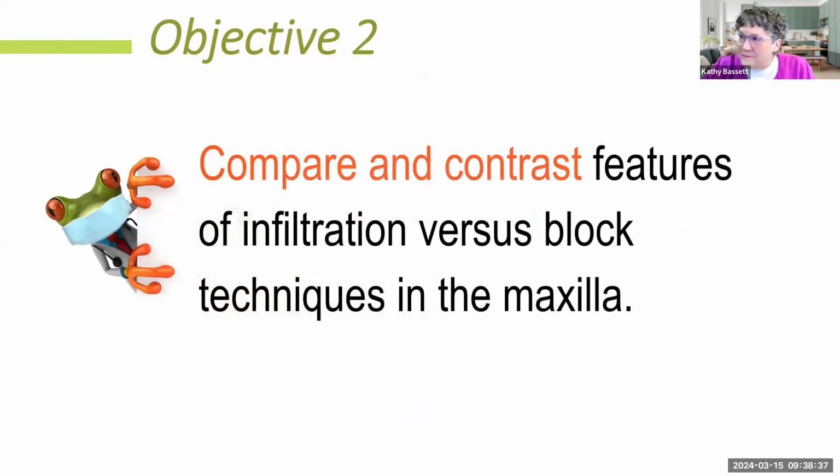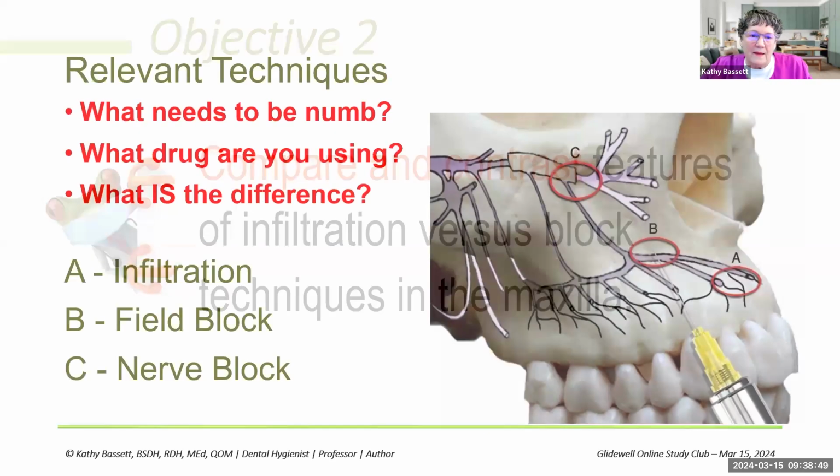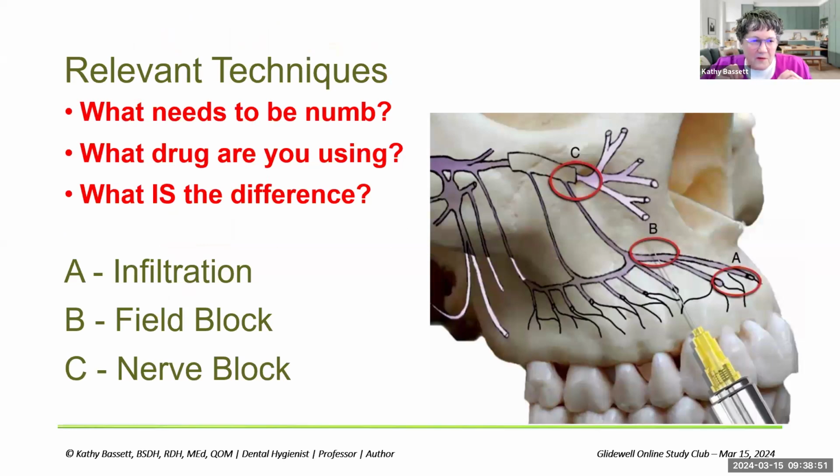Now, comparing infiltration versus block techniques, here are just a few bullet points. Consider for a moment and ask yourself: what do I need to know? What drugs am I using?